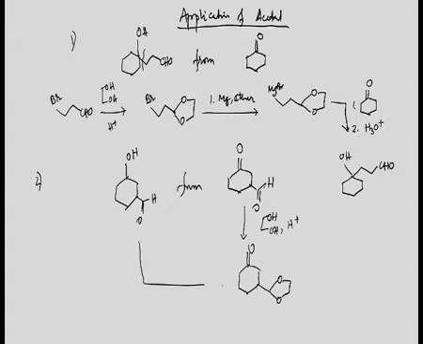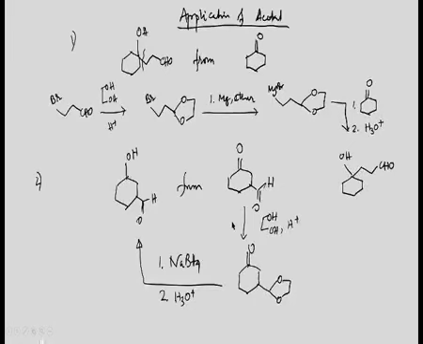Now if you reduce with sodium borohydride, and then aqueous acid hydrolysis, then you get the aldehyde back. So here the acetal formation can be done selectively on the aldehyde in presence of ketone.